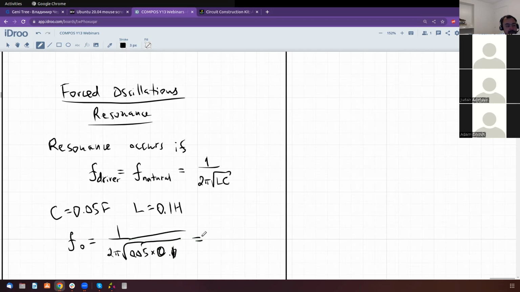So the frequency is 2.25 hertz. That is the natural frequency.